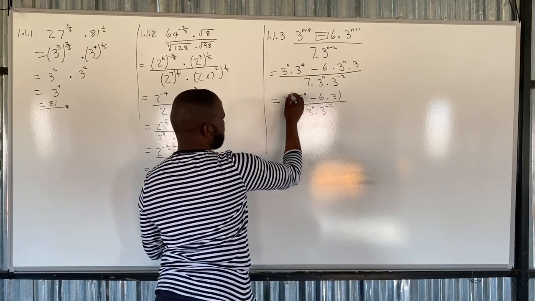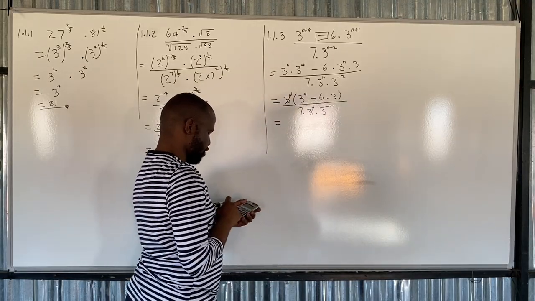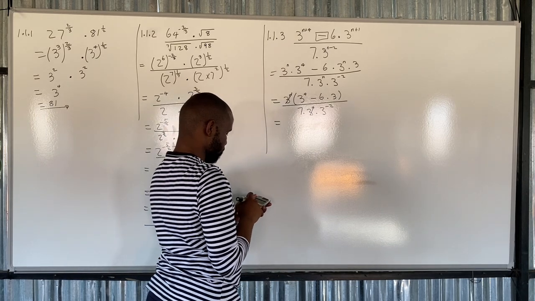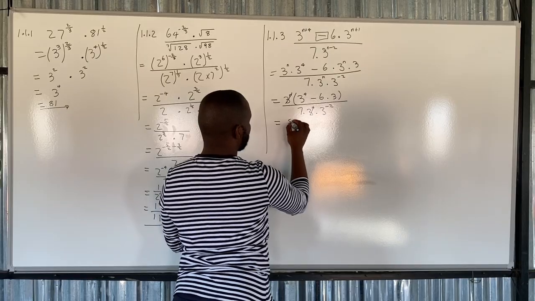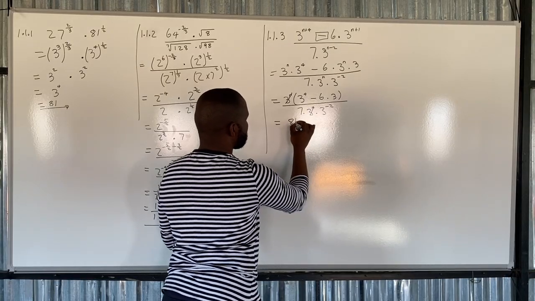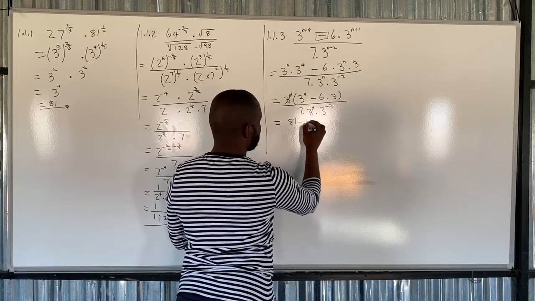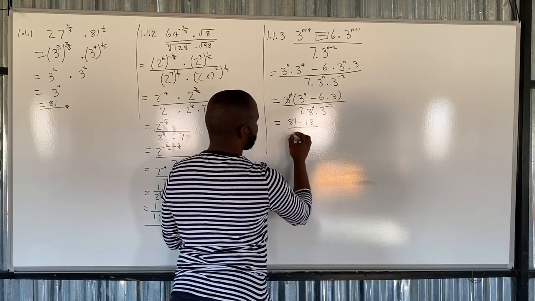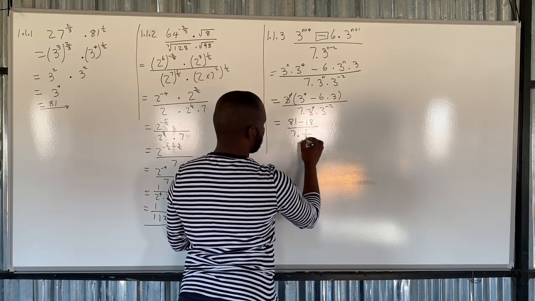And then after taking out the common factor, something has to cancel with something. What is that something? This 3 to the power of n cancels 3 to the power of n, and then we're going to have 3 to the power of 4, which is 81, and then 81 minus 6 times 3, which is 18, and then all over 7 times, this is just basically 1 over 9.